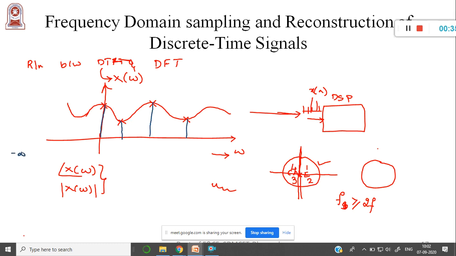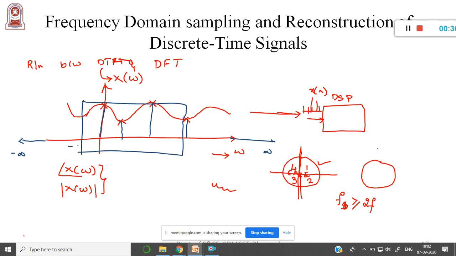The DTFT signal moves from minus infinity to plus infinity, but as I told you, this signal is periodic in nature with a period of 2 pi. I consider only the first cycle for analysis purposes, so minus pi to plus pi.